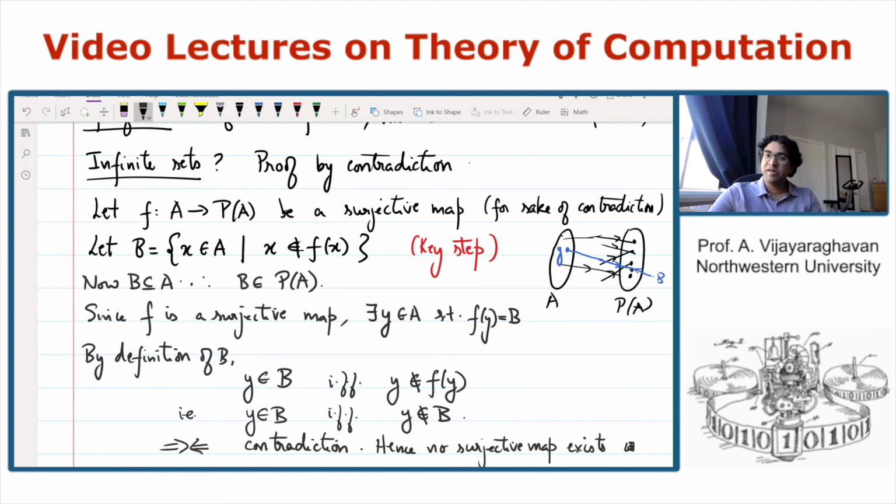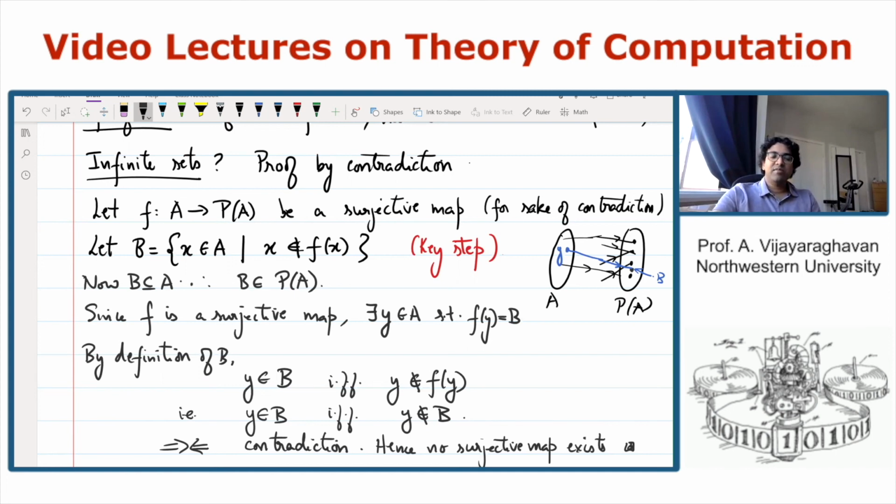Because there exists a surjection, we looked at this element y that mapped to B, and then the main question we asked was, is y an element of B? We know that f of y is equal to B, because of the surjection. Now we ask, is y an element of B?